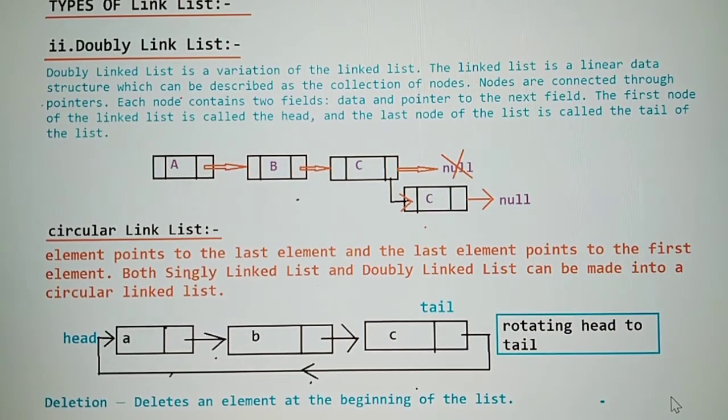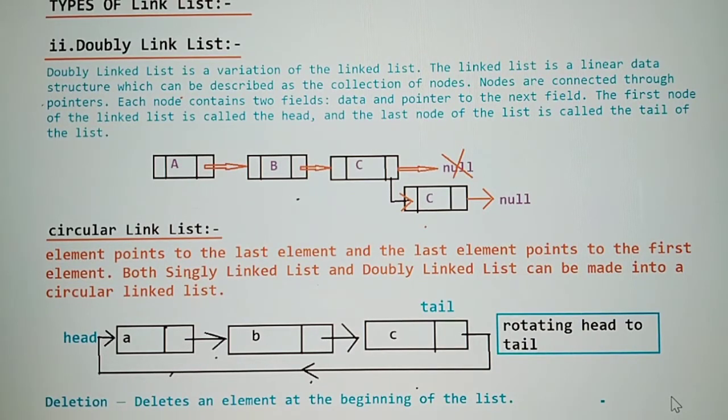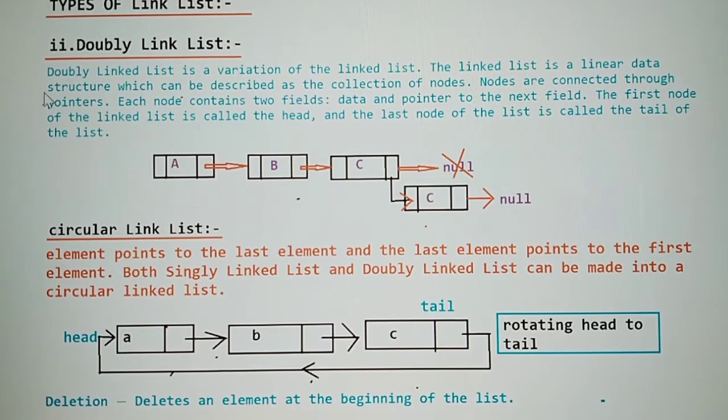In my previous video I talked about the basic things of linked list and the singly linked list. If you have not seen that video, see it first, and then I'll go to the next part of the linked list.